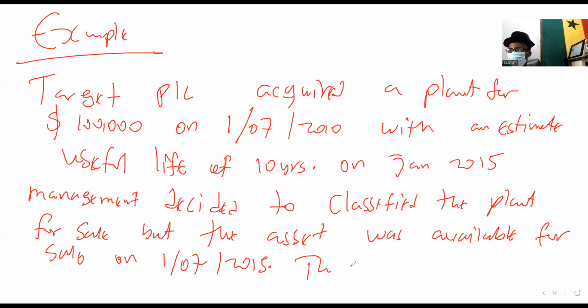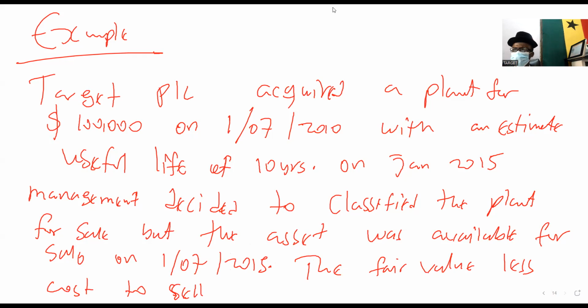Okay, so the fair value less cost to sell.